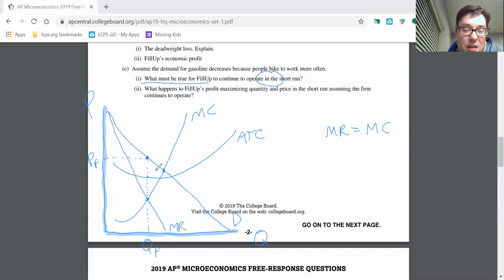So think about a deadweight loss as being bound by these 3 points here. And it's not quite a triangle, because we have a curve here, but they don't ask you to calculate anything. So all you've got to do is shade. And let's do that now. The deadweight loss area, which is represented between all these lines, these 3 points.